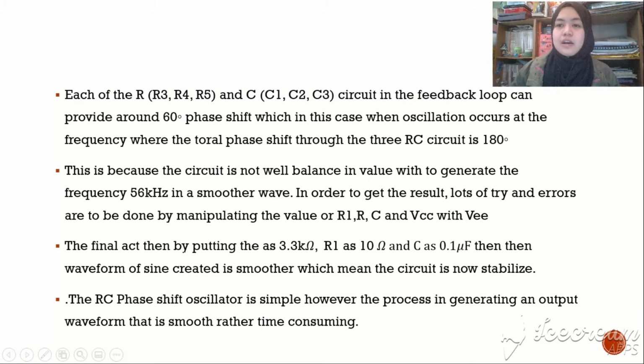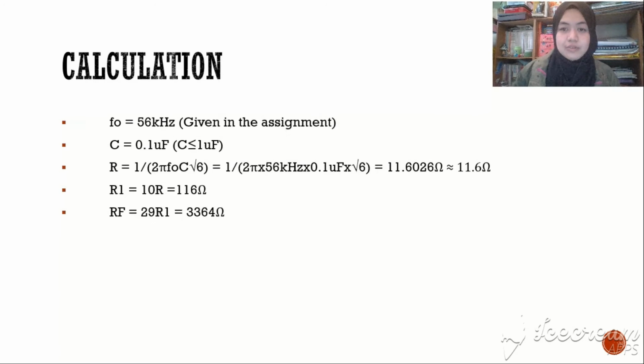Last but not least, the last point is that this phase shift oscillator is quite simple, easy to calculate, and generates a stable waveform. However, in order to generate a smoother waveform, it's rather time consuming.